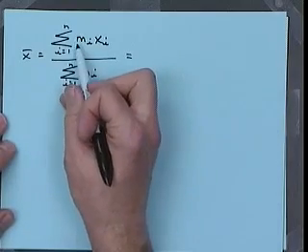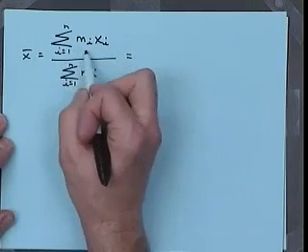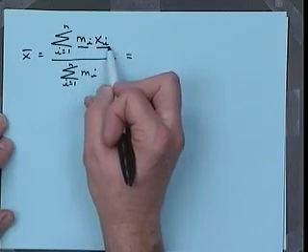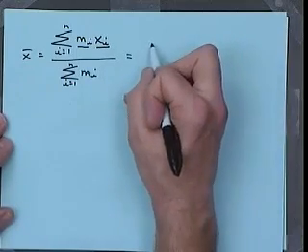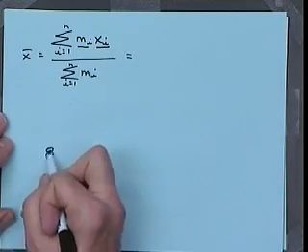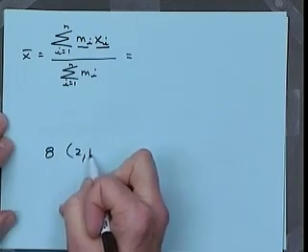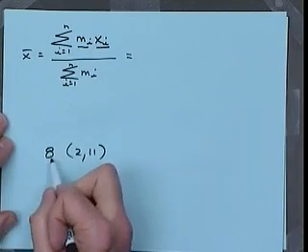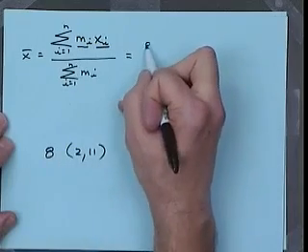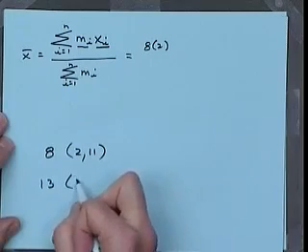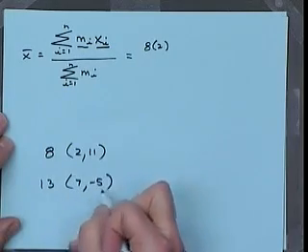Okay. So you're going to add together each individual mass times the x values. Let's say you have a mass of 8 located at a point, let's say, 2, 11. So you'd take 8 times 2, and maybe you have another mass of 13 located at a point 7, negative 5.